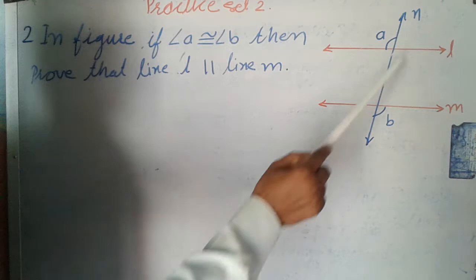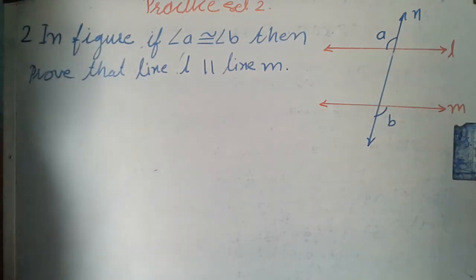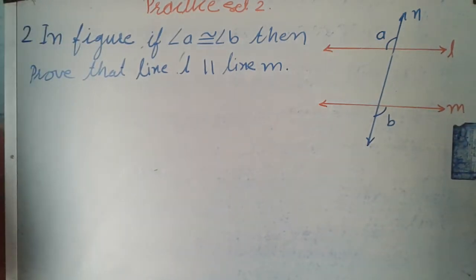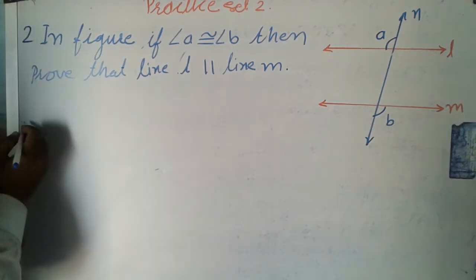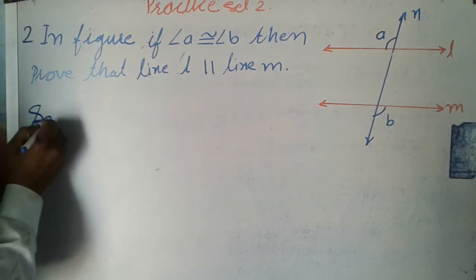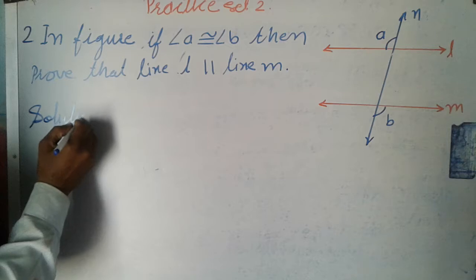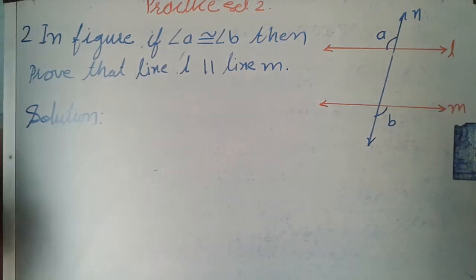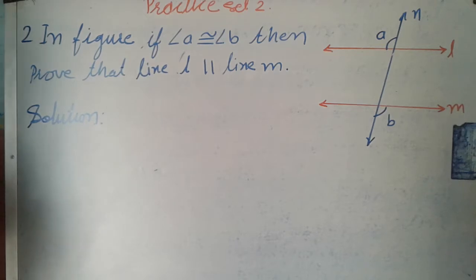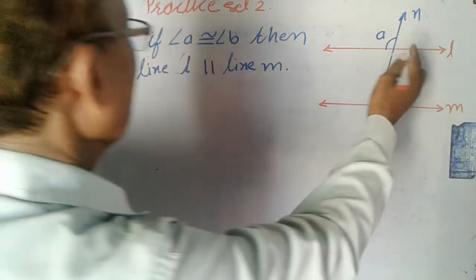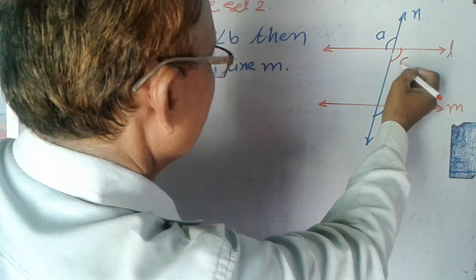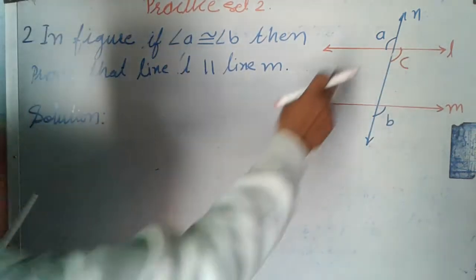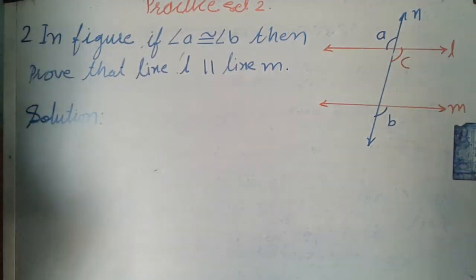We have to prove that line L is parallel to line M. Now suppose the opposite angle of A is C.